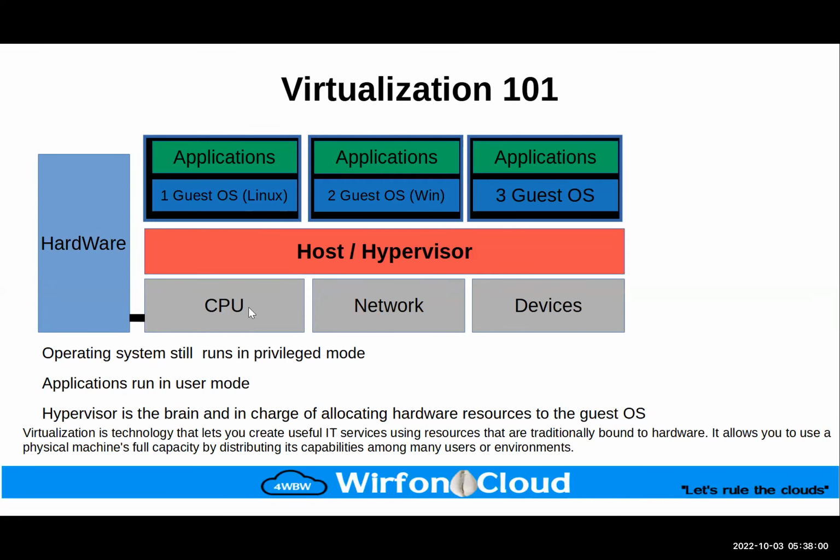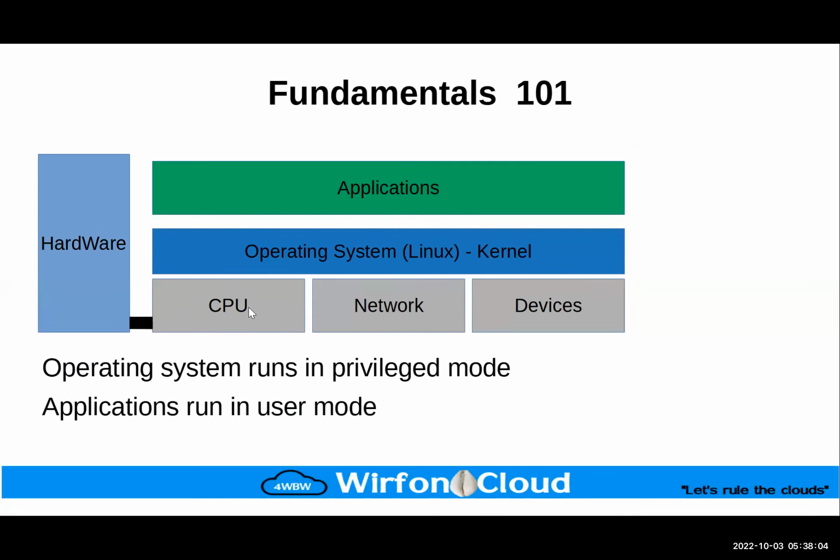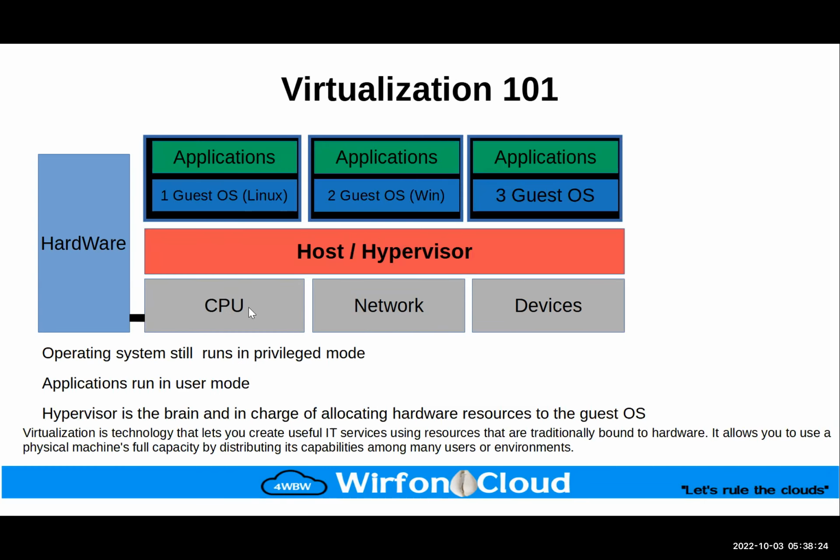Let me just go back a little bit. In this scenario, you can only have one operating system that is using your underlying hardware, your CPU, your network, and your device. As I mentioned, with the advance of technology, there was the introduction of a hypervisor.